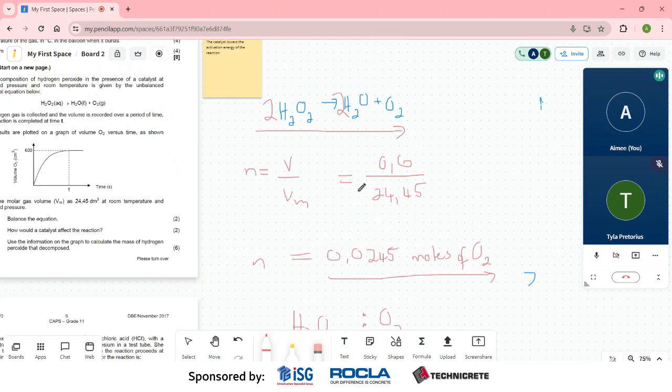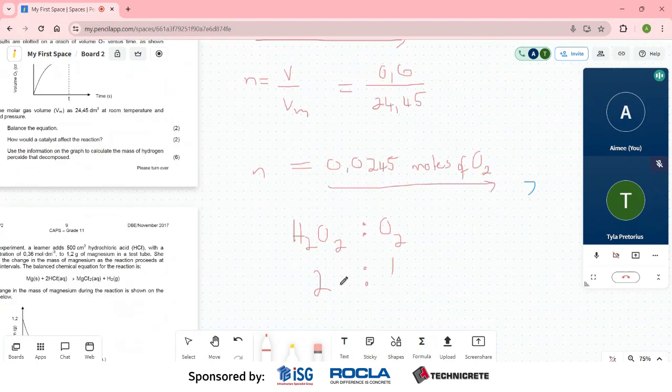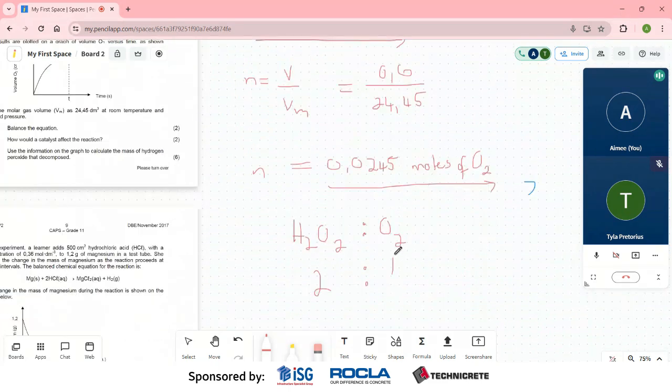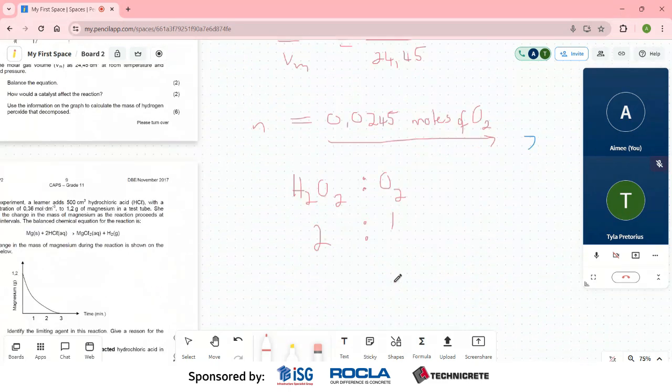You do that by checking your stoichiometrical coefficients. What is the coefficient in front of H2O2? It's 2. What is the coefficient in front of O2? Nothing, which means it's 1. So if they exist in a ratio of 2 to 1, it means we need double the amount of H2O2 for every amount we have of oxygen.